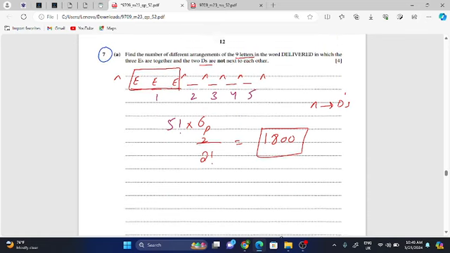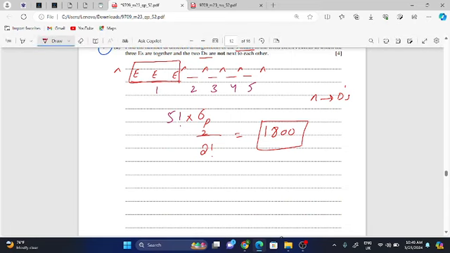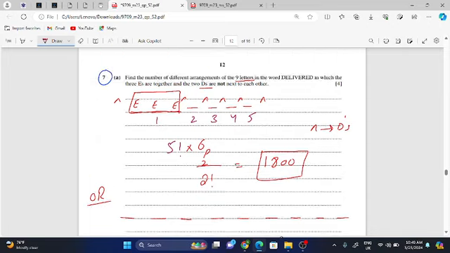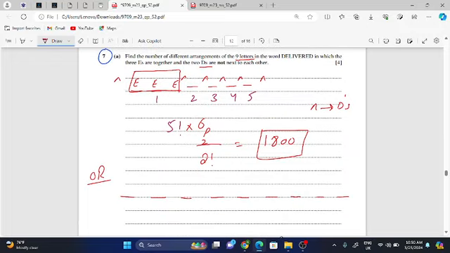Alright, you can also solve this question in another way. The second method suggests that we first make 9 spaces: 1, 2, 3, 4, 5, 6, 7, 8, 9. 9 spaces are there because we have to construct a 9-letter word.